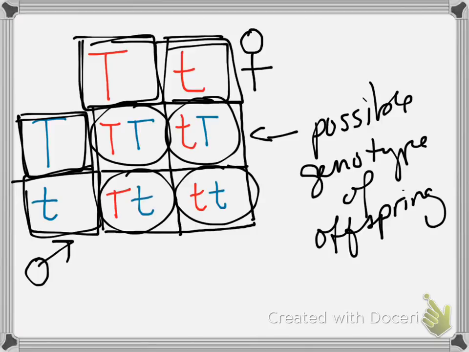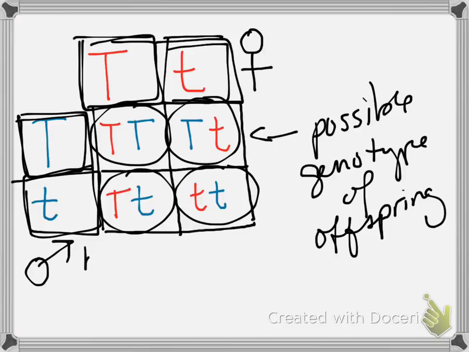And we typically switch these around so that we have the capital letter first, because we want that capital letter first. Okay. So we now have the possible genotypes for their offspring. Those are the only four possibilities for genotypes for their offspring. What percentage of them are homozygous dominant?